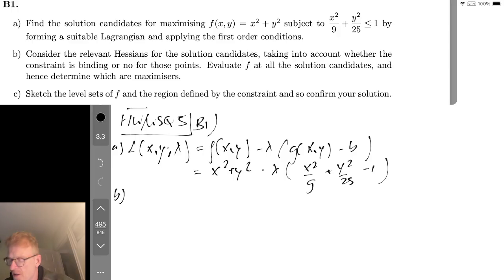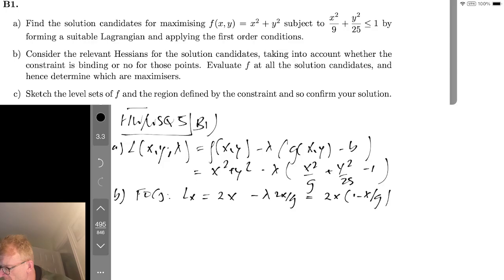So we need the first order conditions. So it's L_x is 2x minus lambda 2x over 9, which is 2x times 1 minus lambda over 9 is 0.